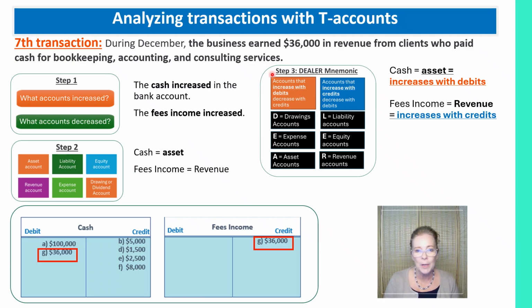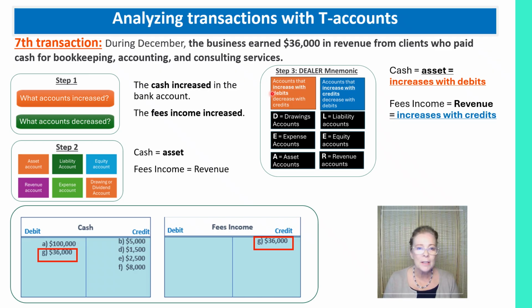So now in step 3, we use the dealer mnemonic. Let's find assets first. The graph tells us that assets are on the left side and that assets increase with debits. The business's cash increased, so that means we need to debit cash. What about the second part? Remember that every transaction has at least 2 parts, at least 1 debit and 1 credit.